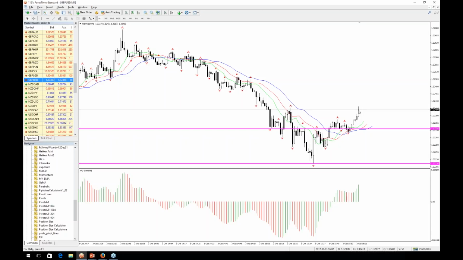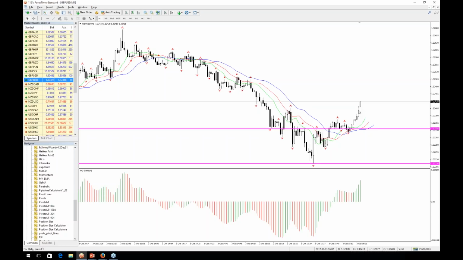We have more questions. Is it good to use a trailing stop? You can use a trailing stop. You can use anything, guys. My research shows that if you use a trailing stop loss, especially in the beginning of the trade, it's going to kick you out, and then the market will continue in the other direction.